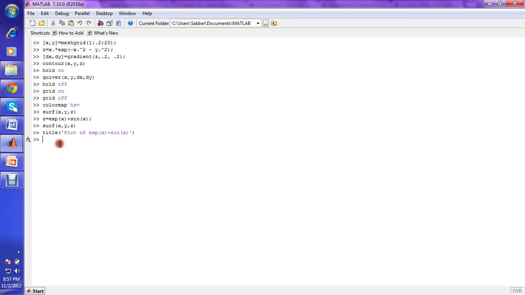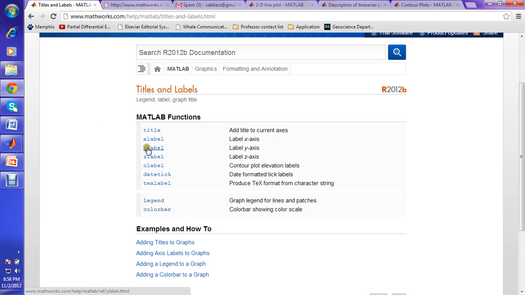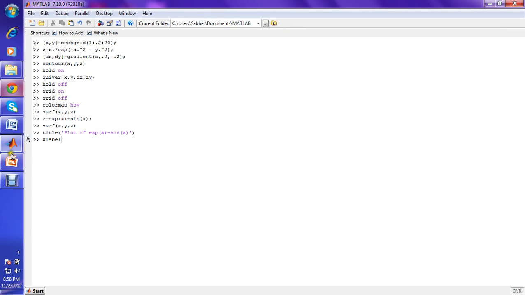If you want an x label, it's xlabel, and likewise ylabel and zlabel. Whichever you want, put it in inverted commas. For example, the x label is value of x, the y label is value of y, and the z label is value of z.